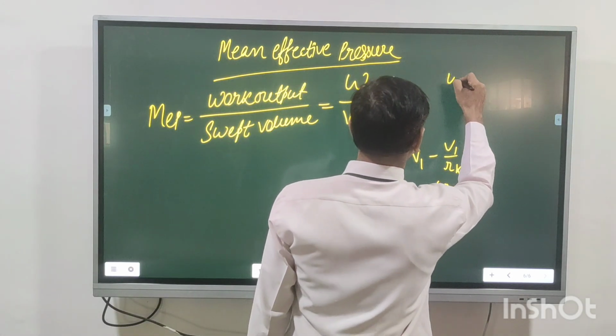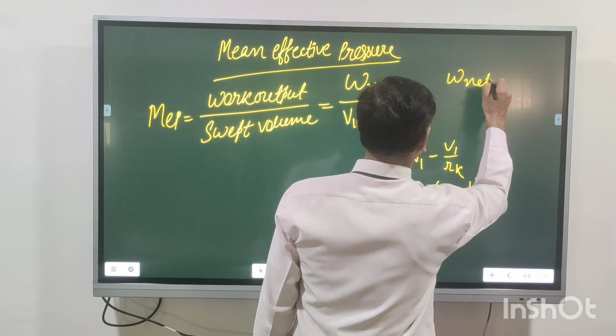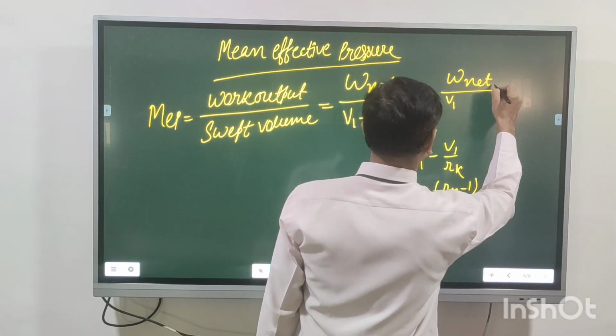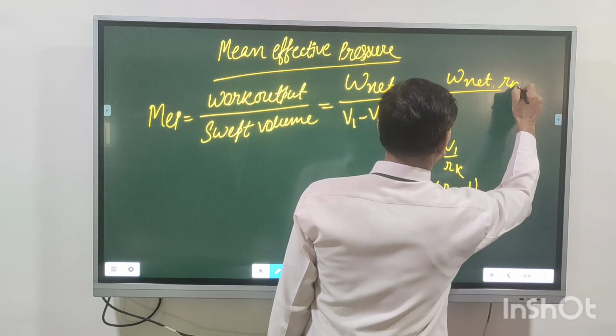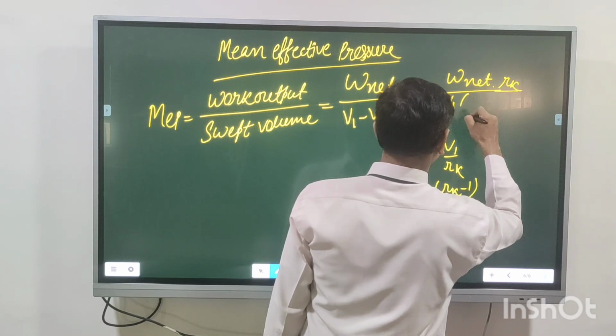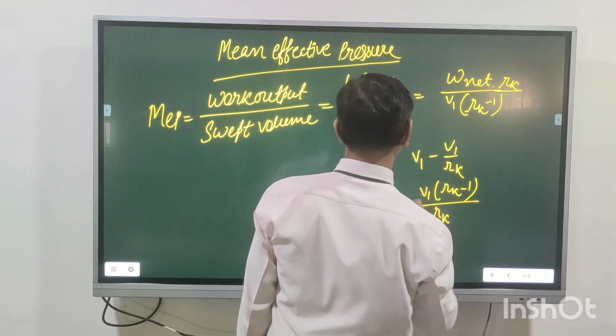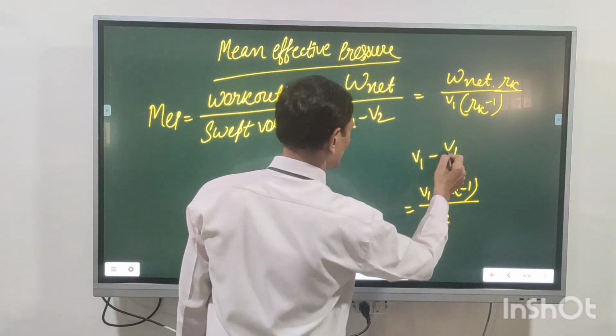So here W net by V1 RK over compression ratio minus 1.